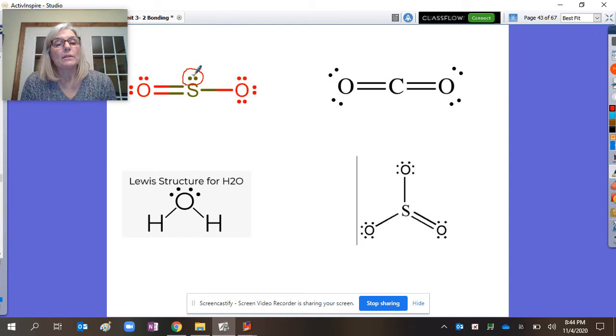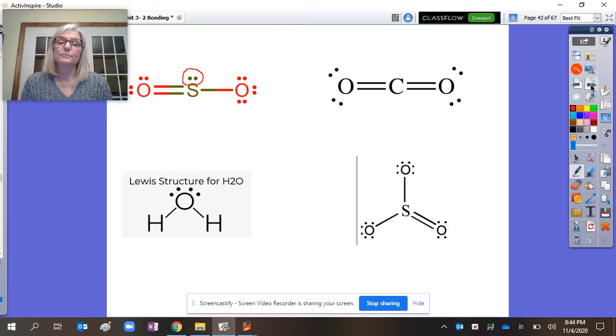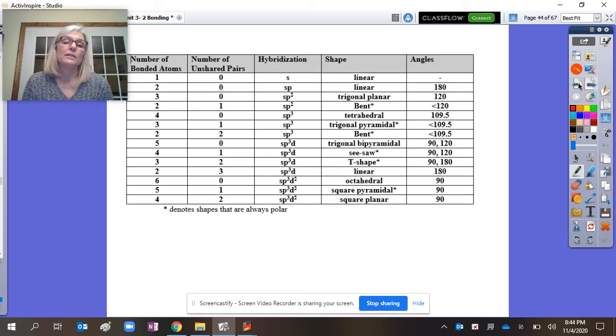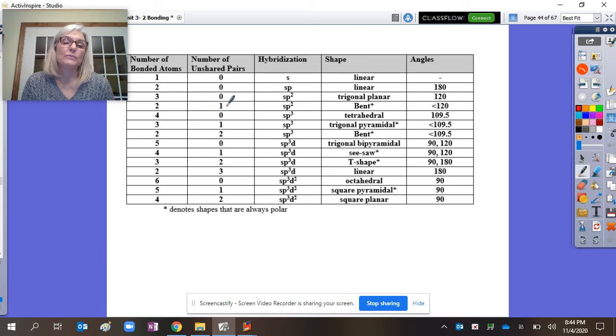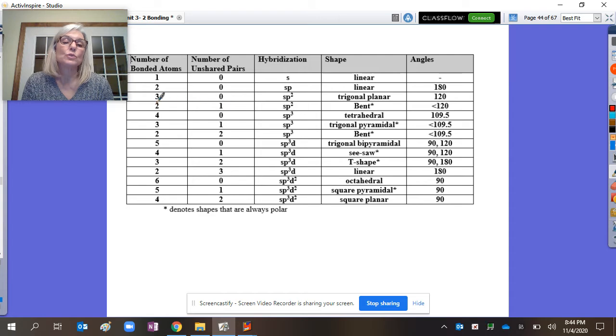So you have one unshared pair, and you still just have 1, 2 bonded atoms. Just because that's a double bond, you're not counting the lines, you're counting how many atoms are bonded to sulfur. So that's 1 and 2. So let's go back to our chart. So we have 1 unshared pair right here and 2 bonded atoms.